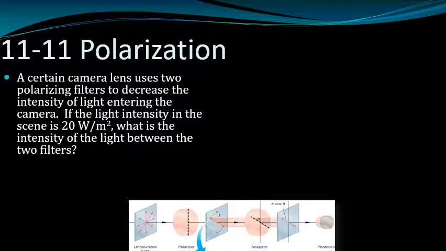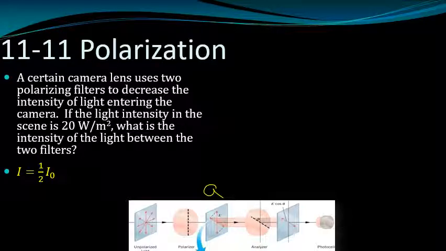A certain camera lens uses two polarizing filters to decrease the intensity of light entering the camera. If the light intensity in the scene is 20 watts per meter squared, what is the intensity of the light between the two filters? All right, so in part A, this first question, we are looking for the intensity right there after the first polarizer.